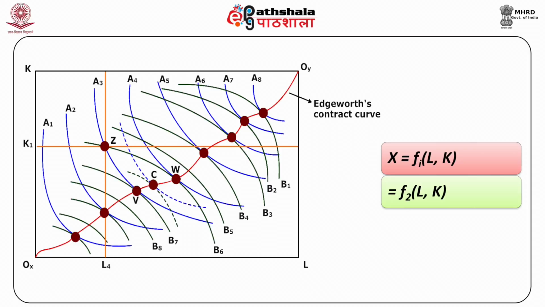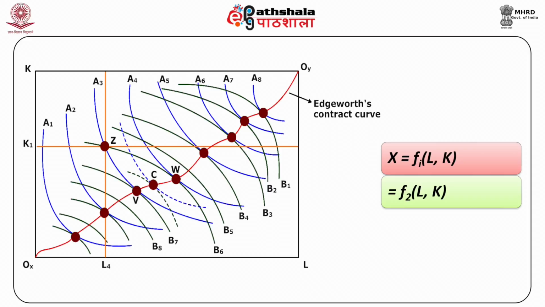We have a pair which is represented by A5 and B4. Similarly, B3 and A6, B2 and A7 and B1 and A8. As you go along towards the left from V, what you would notice is that again we have tangency between A2 and B9.